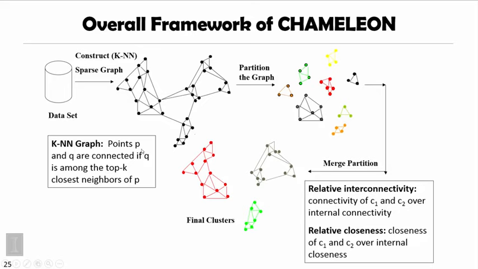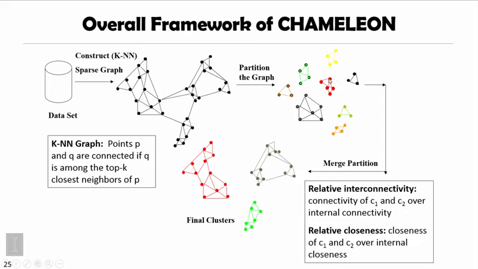Essentially, we can assume two points P and Q are connected if Q is among the top K closest neighbors of P. Then based on these K nearest neighbors, you construct this graph. Then we will partition this graph into a good number of small subclusters, called graphlets. After this partitioning, we are going to merge them into high-quality clusters.